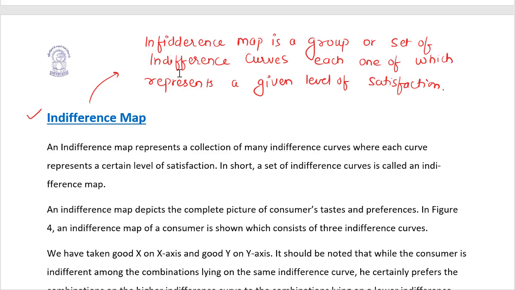So there would be indifference curve 1, which will offer you some satisfaction. Then there will be indifference curve 2, which will offer the consumer another level of satisfaction. Then we have indifference curve 3, which will offer a different combination and level of satisfaction. You could also have indifference curve 4.